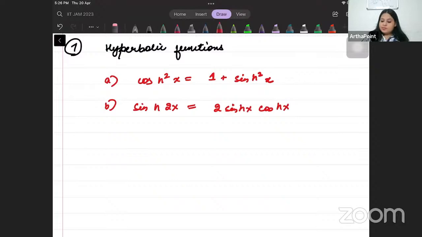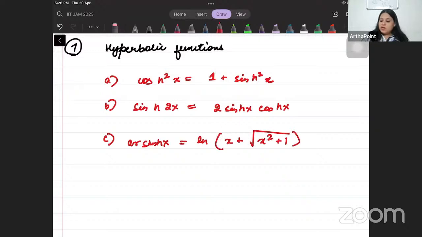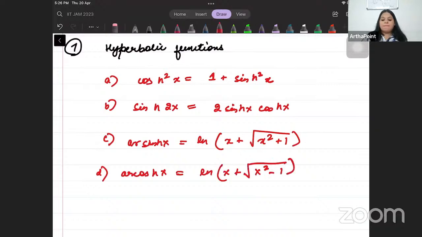So 3, arc sin hx is ln x plus under root x square plus 1. 4, arc cos hx is ln x plus under root x square minus 1, like this, right?